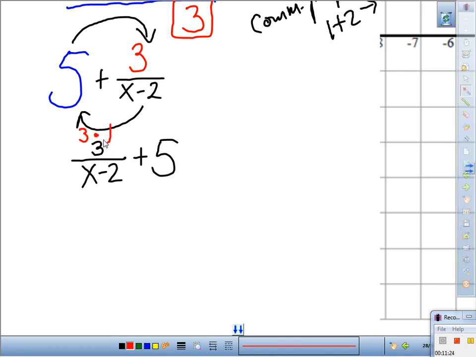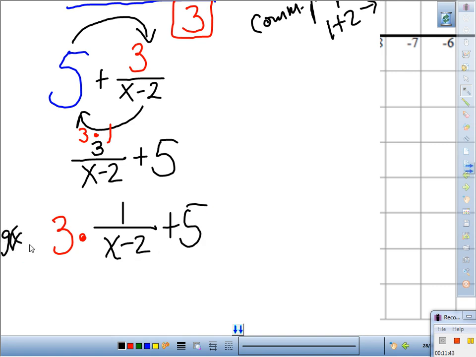Is that correct? So can I leave the 1 there and move the 3 outside of the fraction? Yes. So this is going to look like this. 3 times 1 over x minus 2 plus 5, and all that equal to g of x.